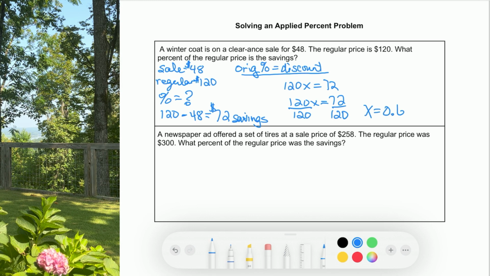I end up with X equals 0.6. Now remember, I told you, if you end up with a decimal like this using this particular form, we need to turn it into a percent. So I'm going to move it 2 times. I need to add a 0 there. I'll do that in a different color. And we end up with our percent is a 60% discount.